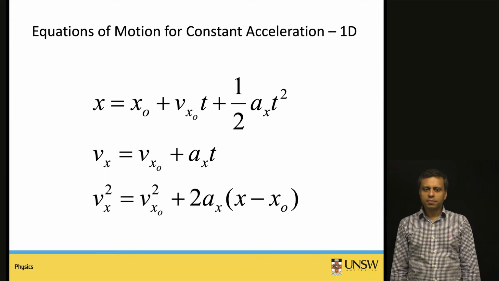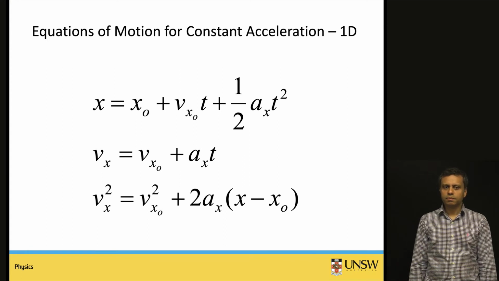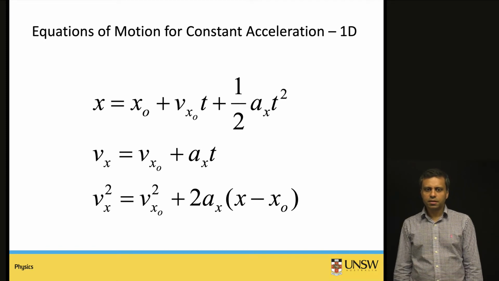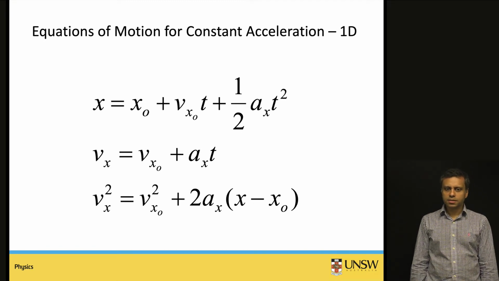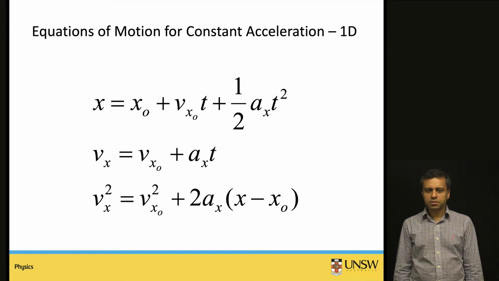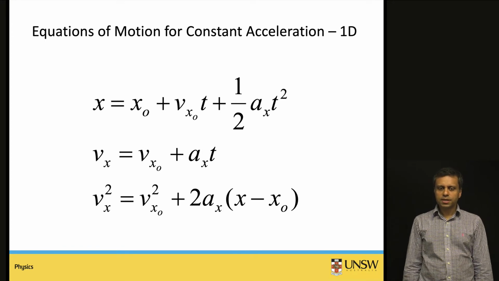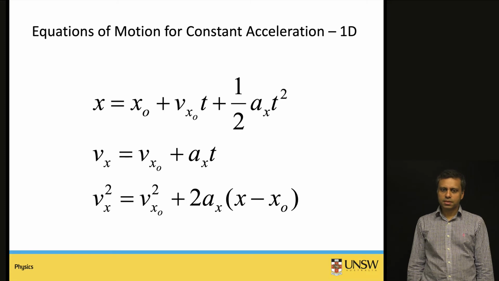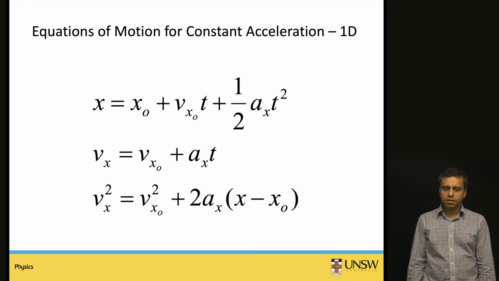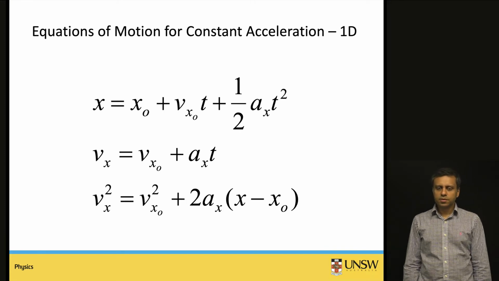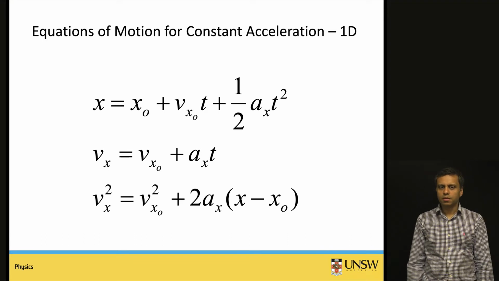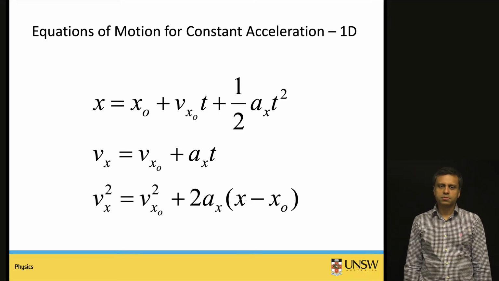So if the problem doesn't mention the position, but the problem is asking you, for example, about final velocity or initial velocity or acceleration given some other quantities, then you could apply the second equation. And notice in the third equation, the time variable is missing. So if the problem doesn't actually tell you the time, you could apply the third equation. So it just depends on the scenario described in the problem that you have to pick which equation to apply.